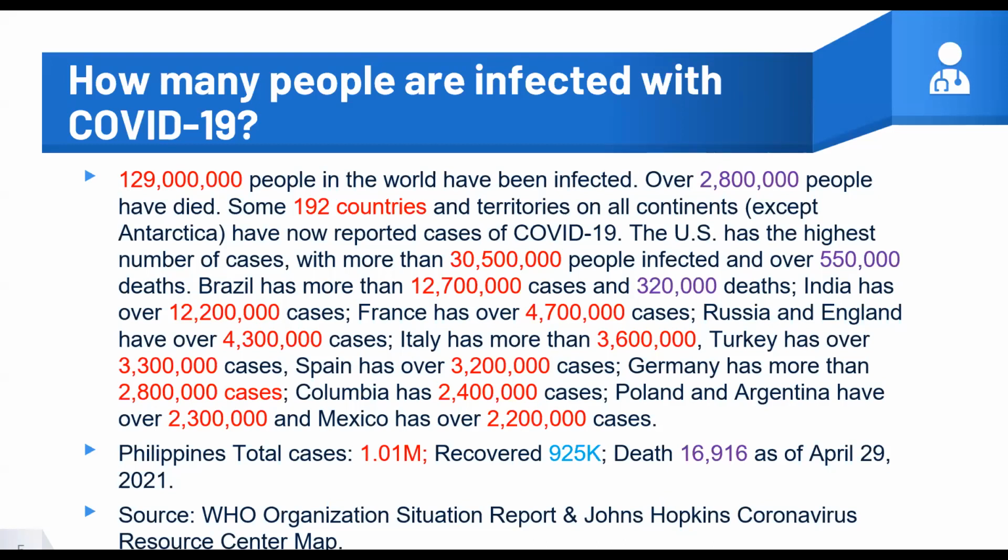As of April 29, 2021 yun, guys. So, ang source namin is WHO Situation Report and Johns Hopkins Coronavirus Resource Center map. So, ito ay updated hanggang April 29. Next, sir.